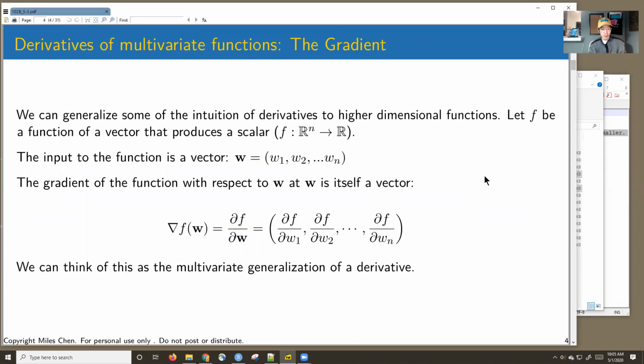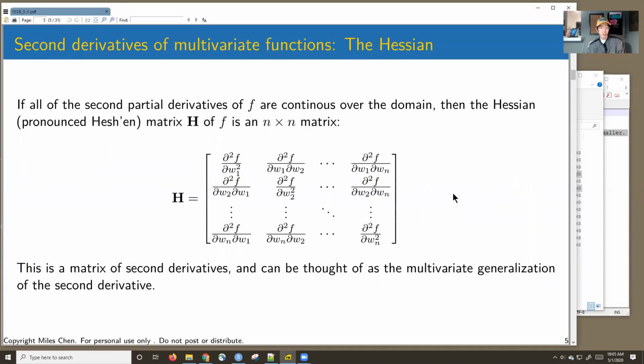Then we expanded this. The multivariate equivalent of the first derivative would be the gradient, and the multivariate equivalent of the second derivative would be the Hessian matrix.